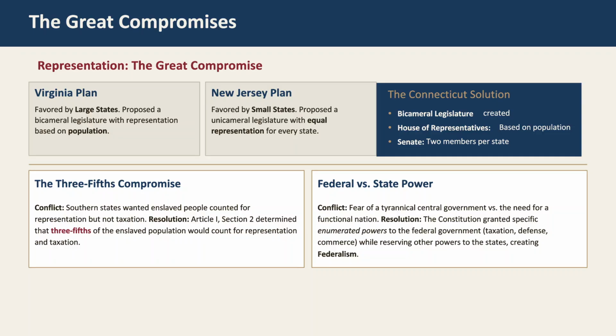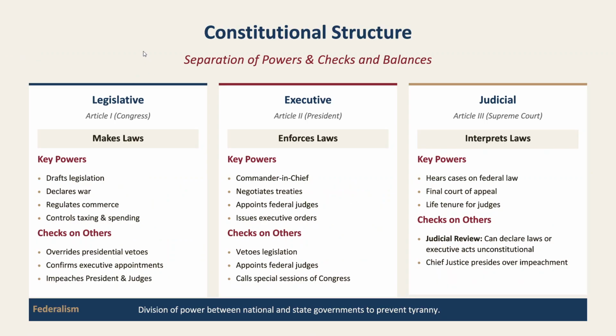So that's why you also had to have strong power of the state to counter the strong power of the national government. And we'll talk a little about the constitutional structure. The final document created a principle of the separation of powers.